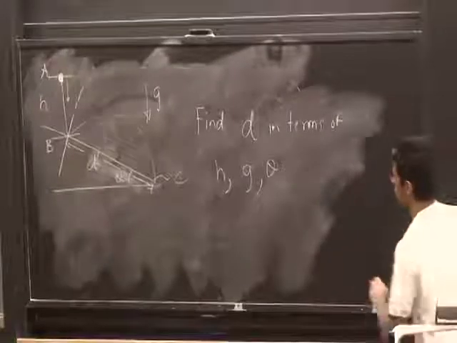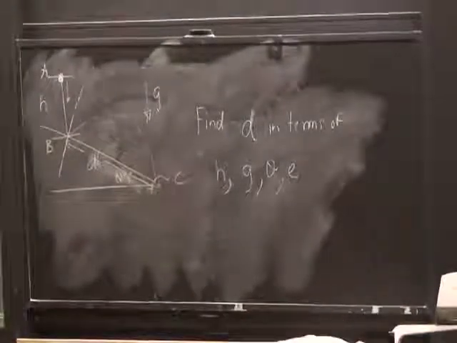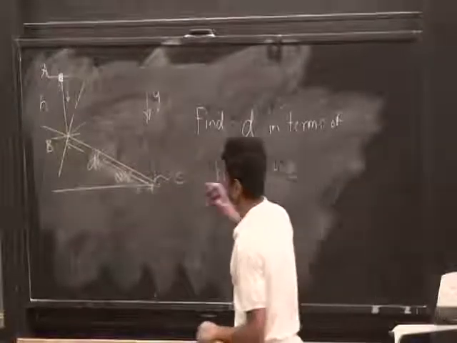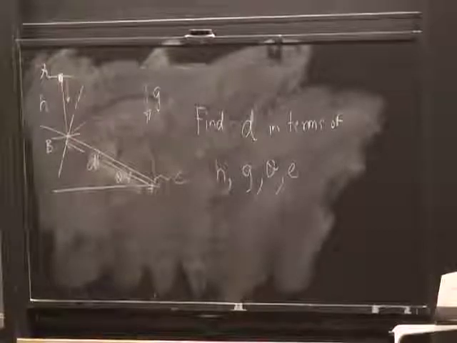What else do you need? The coefficient of restitution. So e is the coefficient of restitution between the ball and this inclined surface. Okay, is the question clear?